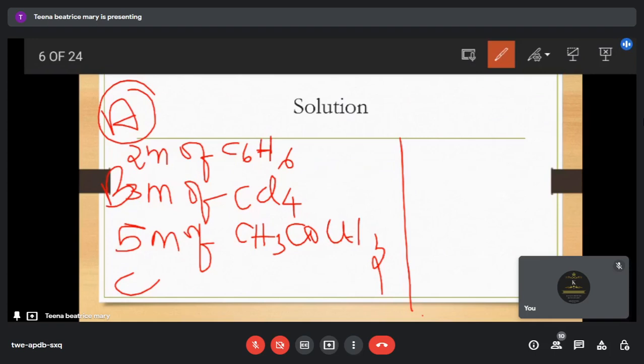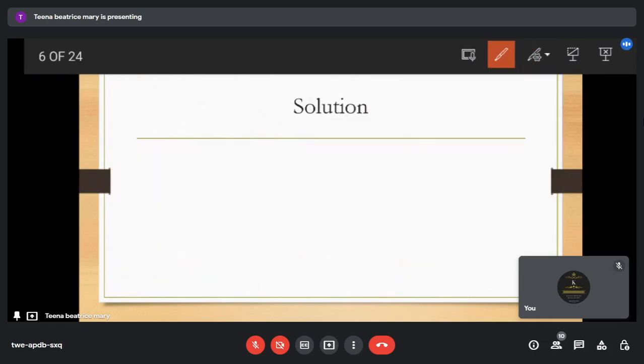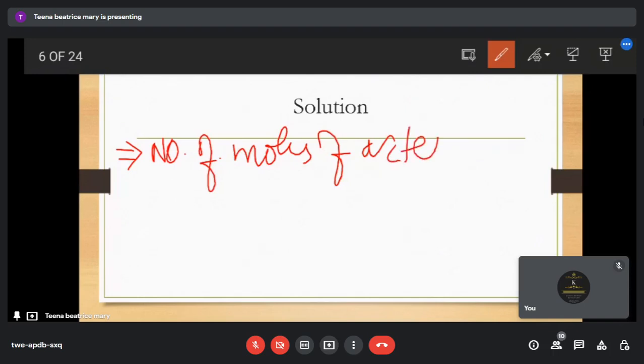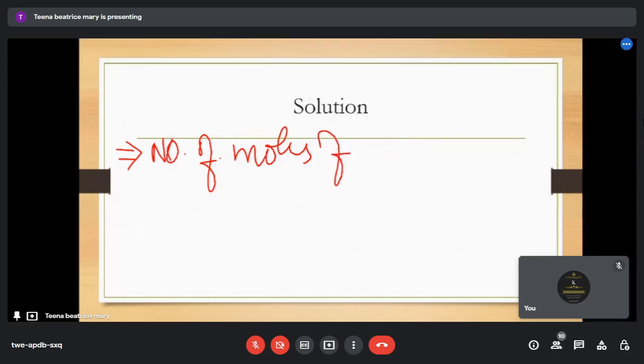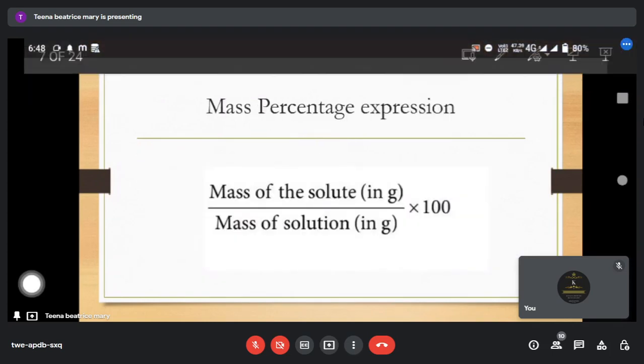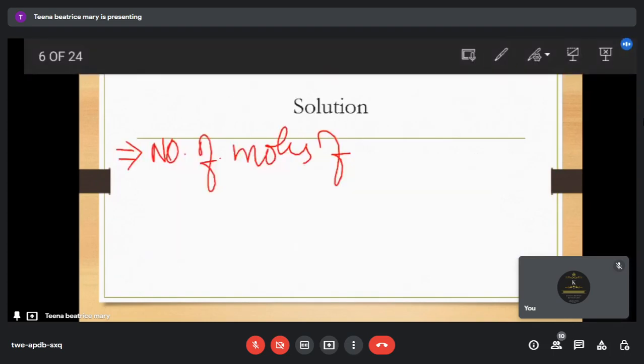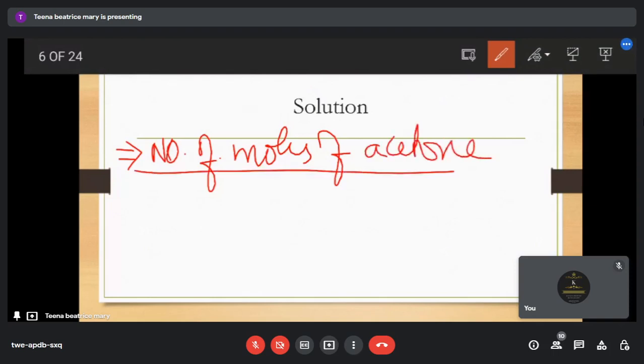So how do we find out the mole fraction of acetone? We can find it using the formula: number of moles of acetone divided by what? Total number of moles. Yes, number of moles of acetone divided by the total number of moles. So what will be the answer then?